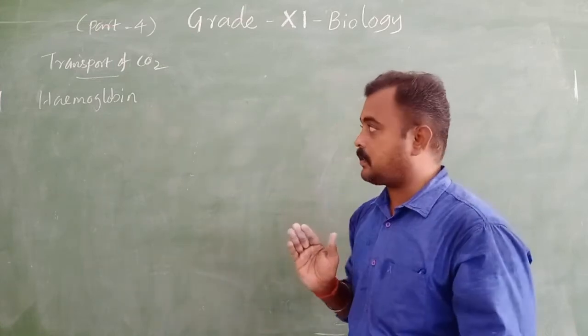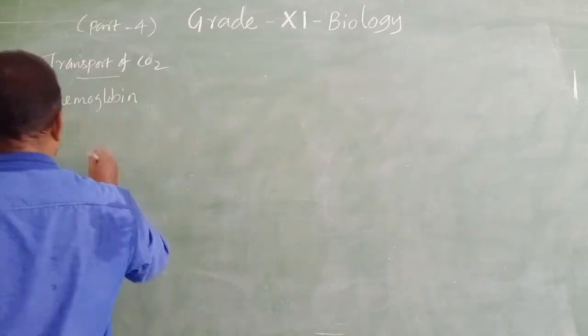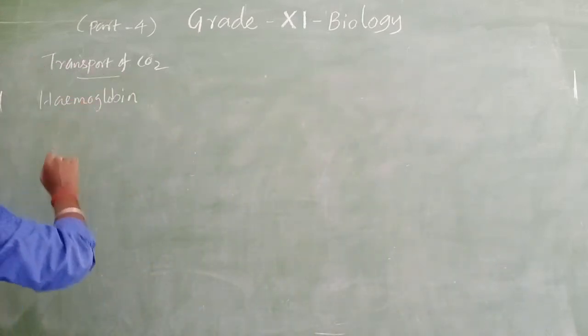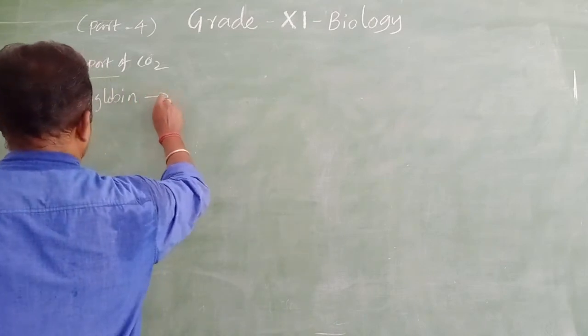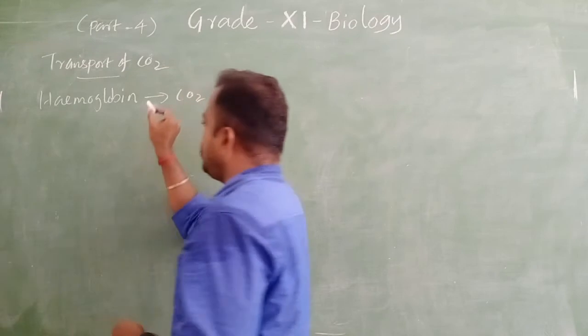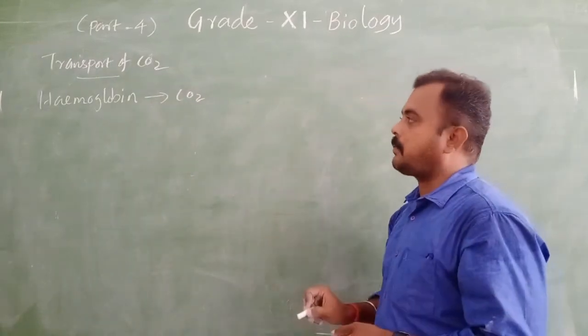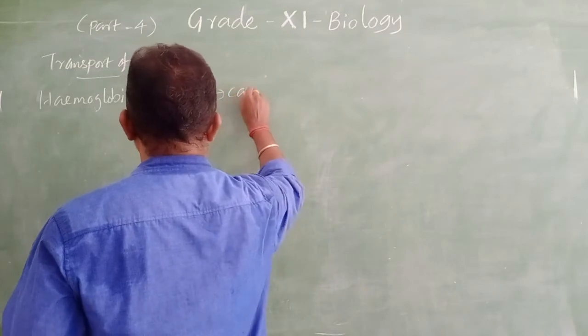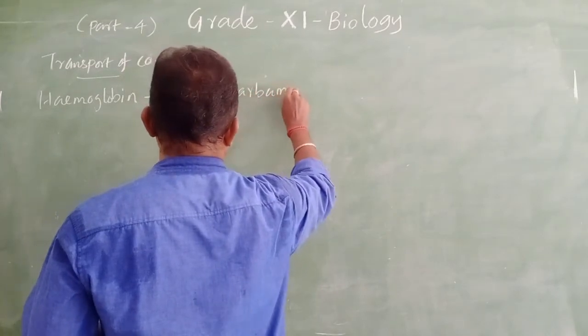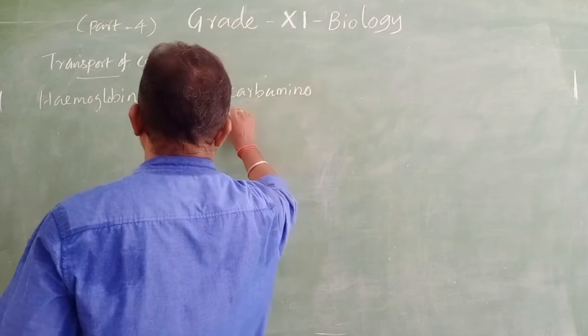Okay, right. Here hemoglobin is involved. If hemoglobin is carrying carbon dioxide, that means it is carbaminohemoglobin.